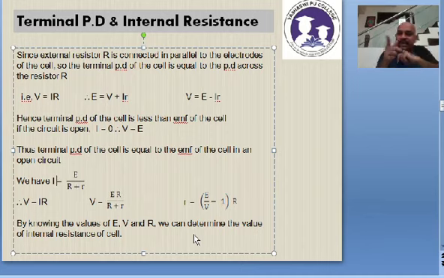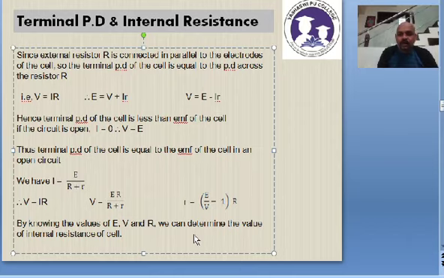Both the things added up give you E. Out of that, the first one, work done in transferring 1 coulomb of charge through the external resistance, is called terminal potential difference, represented by V. So V is equal to IR and I is equal to E divided by R plus r. Remember all these things, and this is important.